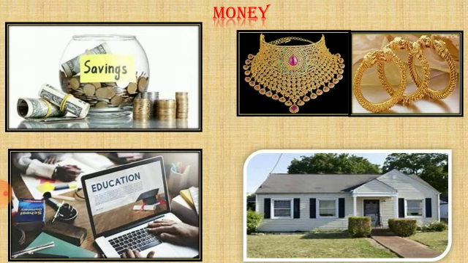So the question arises as to how do I utilize this resource of money in the best possible manner so that I can get maximum benefit out of it. Now, as we see, all wants can never be satisfied.